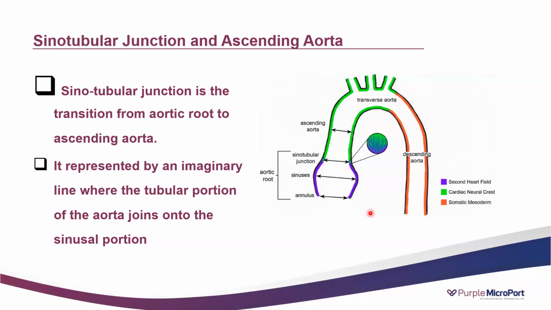Usually your sinuses should be 2 mm more than your annulus. Suppose you have a 21 mm valve, ideally your sinus should be 23 or 24, so that the valve frame can expand properly and there are no chances of coronary occlusion.